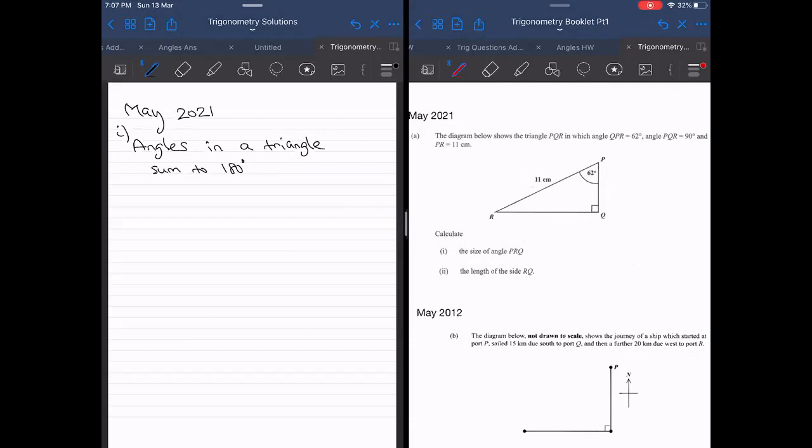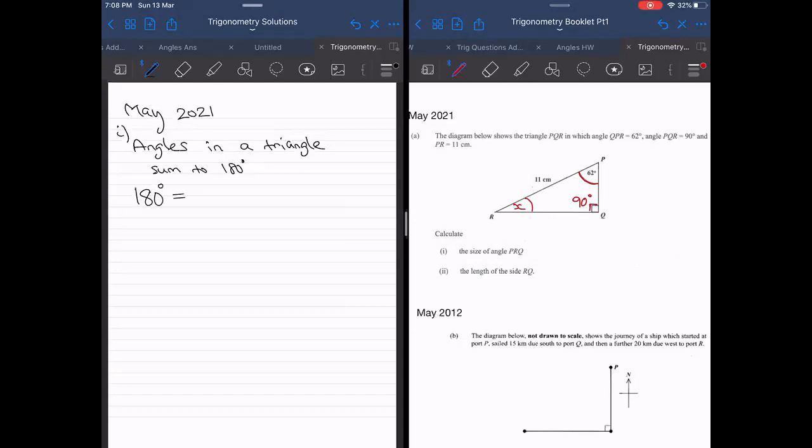All right, so it wouldn't make sense to use one of the ratios because we don't have two sides. So we just start off saying, okay, let's go with something else. So what I'm saying, guys, is that the 62 plus the 90, because we know the right angle symbol means 90, plus what we have over here, all three of those should add to 180 degrees.